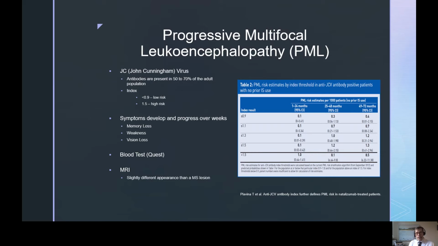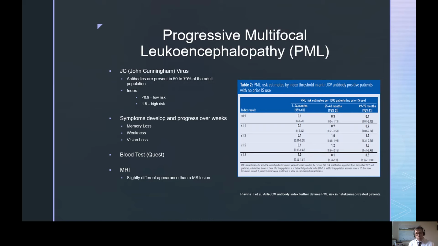As you can see in this table on the right, in the first 24 months of treatment, the risk of developing PML is extremely low, especially if your index is 1.5 or less. Then you can see that the risk does slightly go up the longer you're on Tysabri, especially after 2 years. And that risk really jumps when you have an index above 1.5.